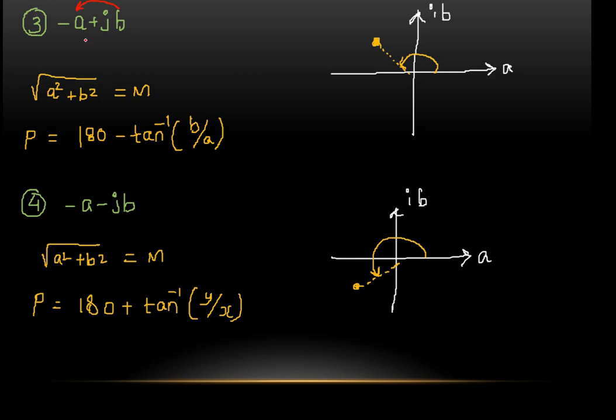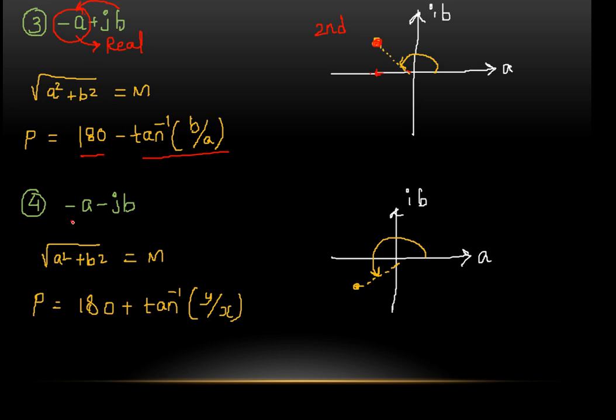If you have a negative real part, you will get it on the negative real axis. The phase is also written as 180 minus tan inverse of b by a. Then you will get the point in the second quadrant.